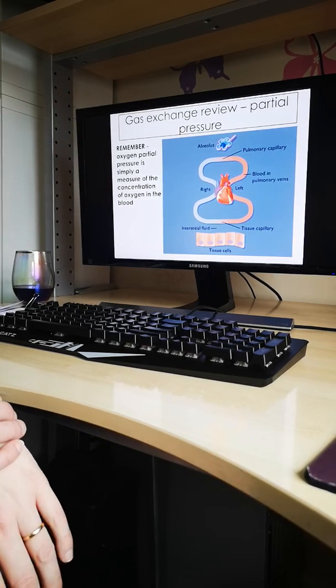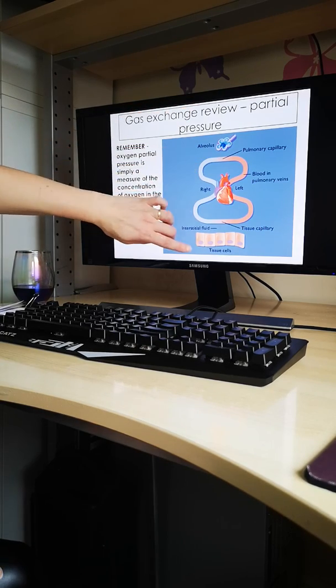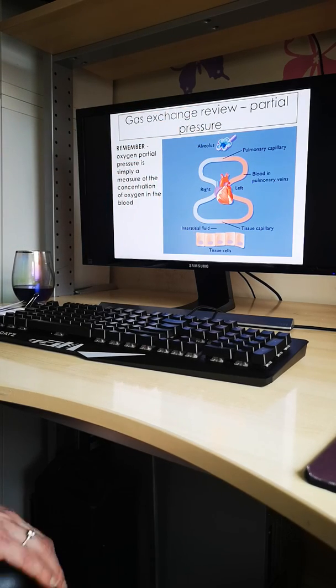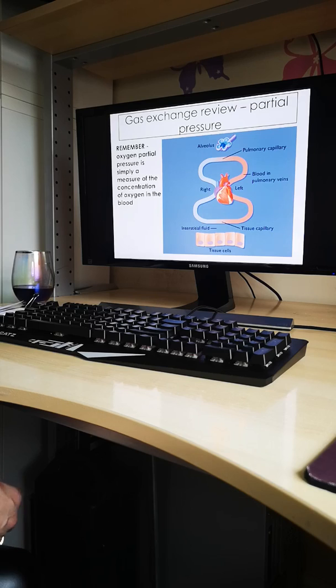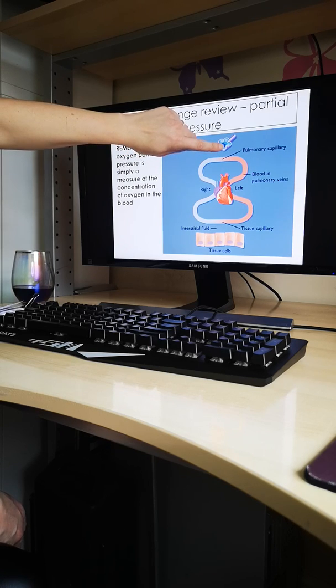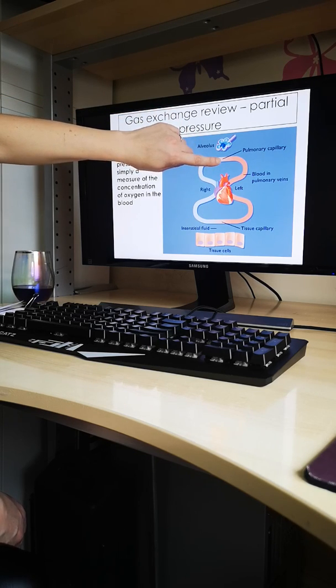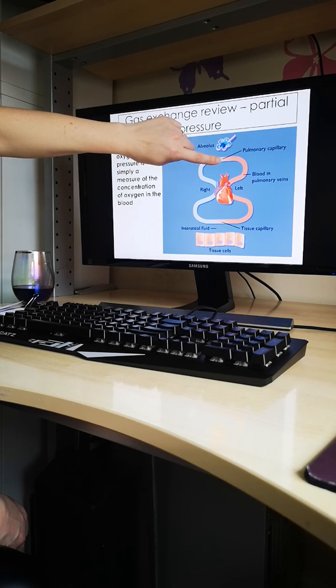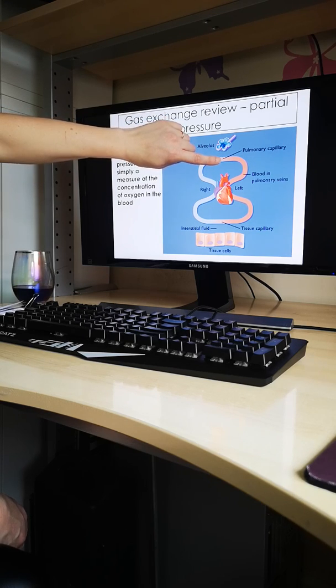So here's a question for you. In the blood, in this circulatory system, where would the oxygen concentration be the highest? Where is the partial pressure of oxygen the highest? I'm hoping you'll have guessed at the gas exchange site, where oxygen is diffusing from the air in the alveoli to the blood. This is where the partial pressure of oxygen is at its highest.